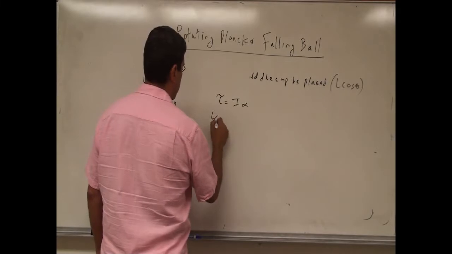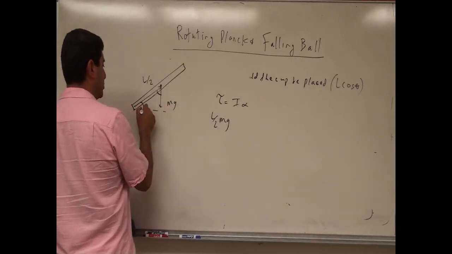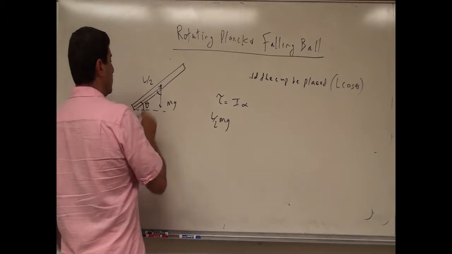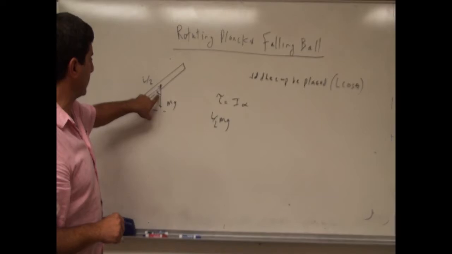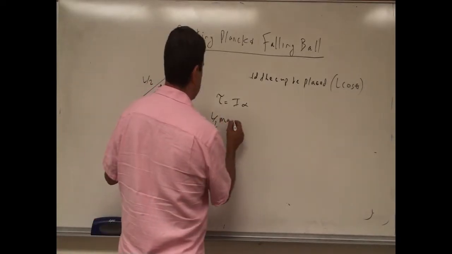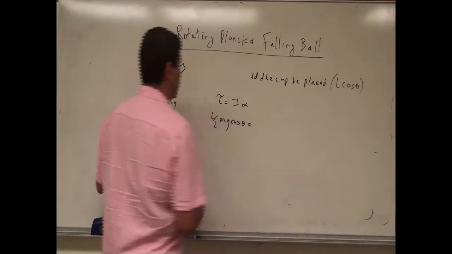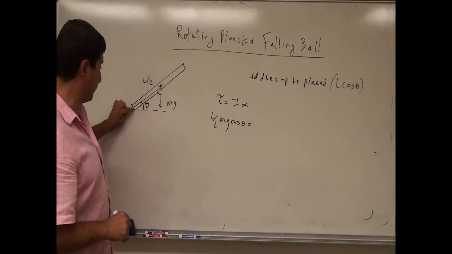So the torque is equal to L over 2 mg times sine of this angle. But since we're using this as the angle that we are concentrating on, L over 2 mg sine of that angle is the same thing as cosine of theta. So L over 2 mg cosine theta is equal to the moment of inertia of the object about the pivot point.